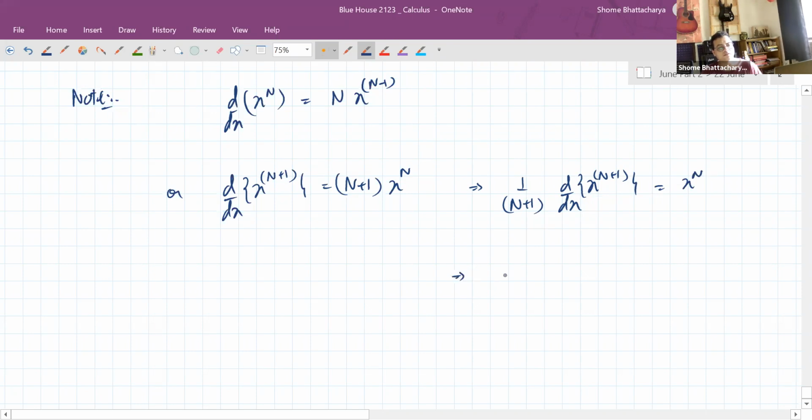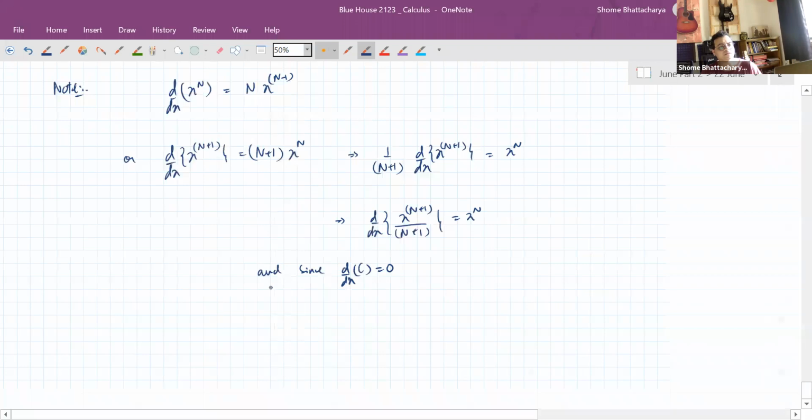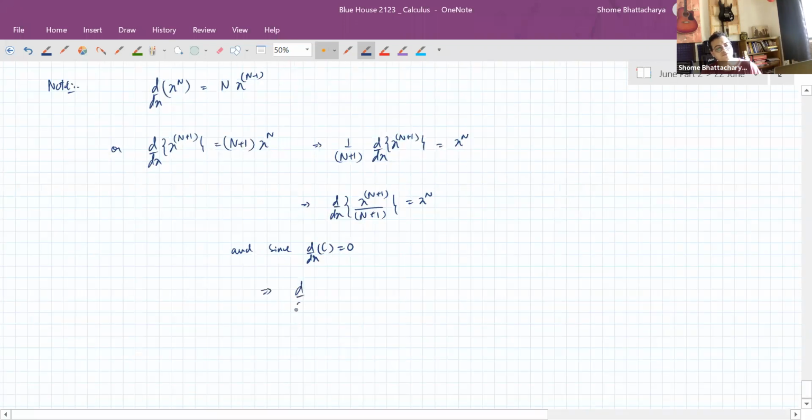So I can say that the derivative of x to the power n plus 1 upon n plus 1 is x to the power n, and since differentiation of a constant is equal to 0, we can generalize this and say that differentiation of this kind of a term is equal to x to the power n.